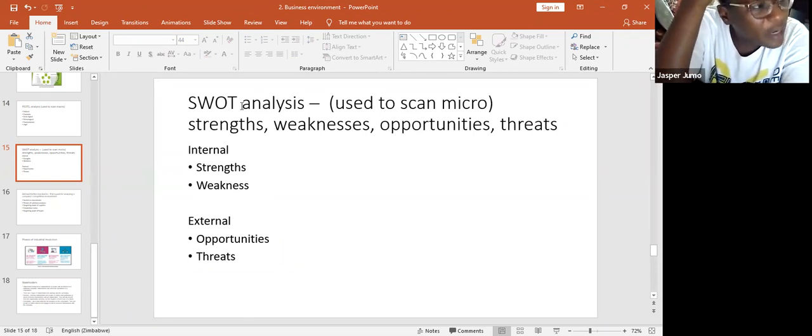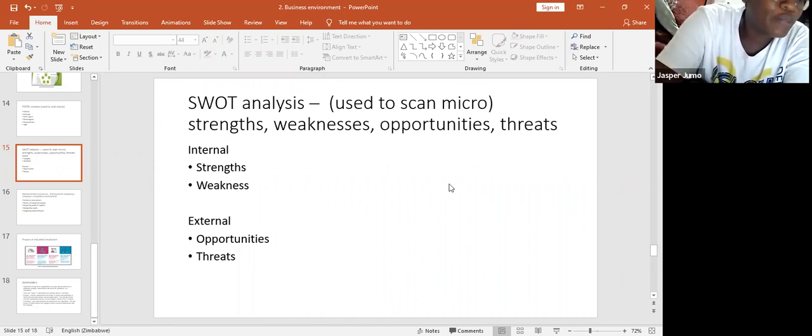what we call the macro environment, but it's actually a combination of both. So you are analyzing yourself as a business to say, how sustainable are you within that environment? So let's say you already have a running business and you conduct a SWOT analysis just to check: is it worth going forward, or should you just close down this business?